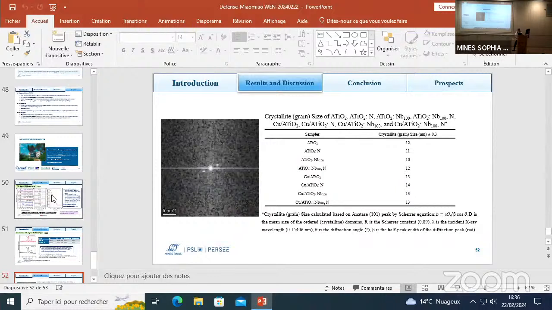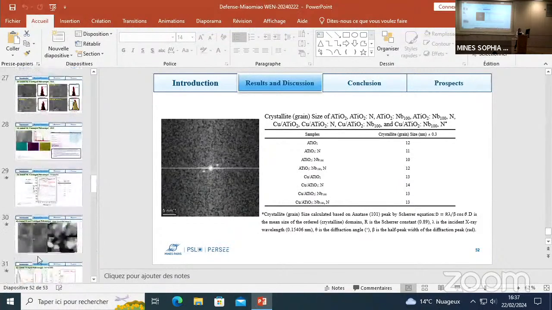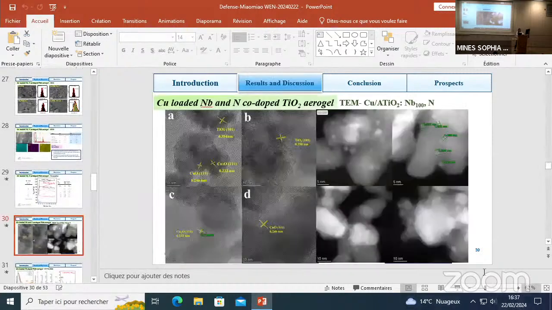So I don't know, probably if you come back to the TEM image, using this image, maybe you can conclude.